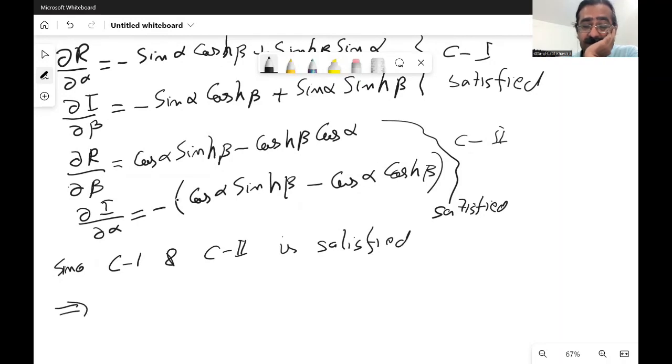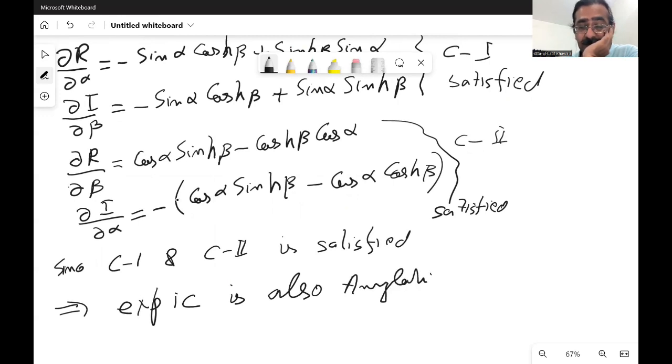This implies that the exponential of iθ is also an analytic function. For today, it is okay. We have verified that both given functions are analytic. Thank you very much.